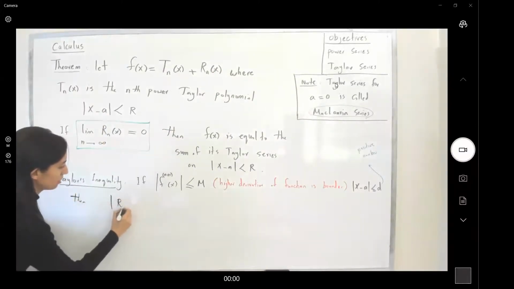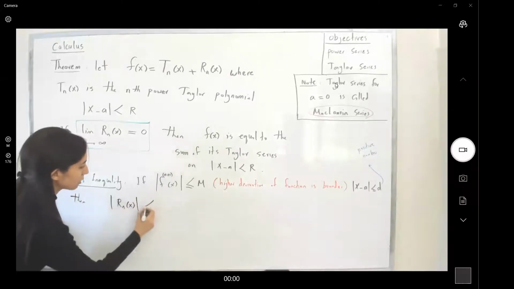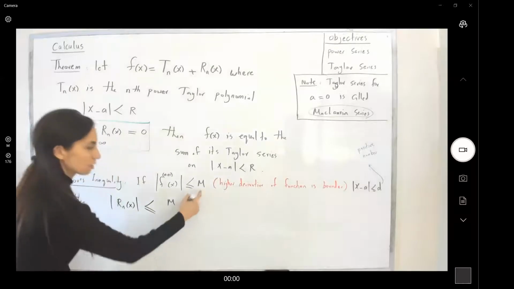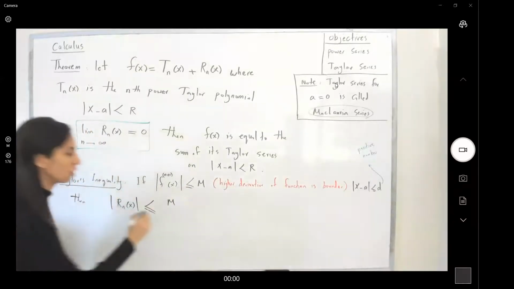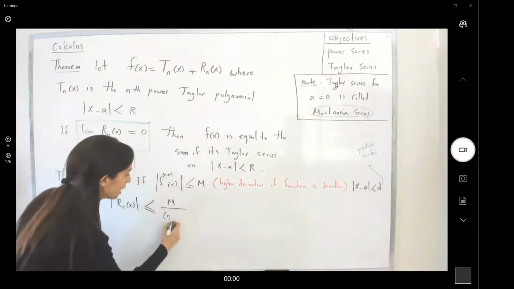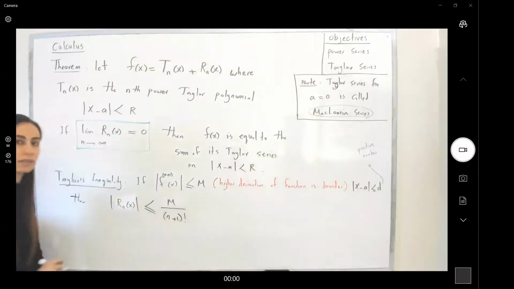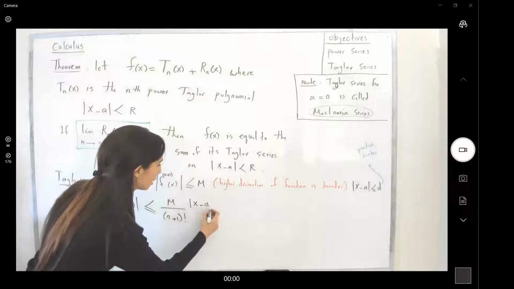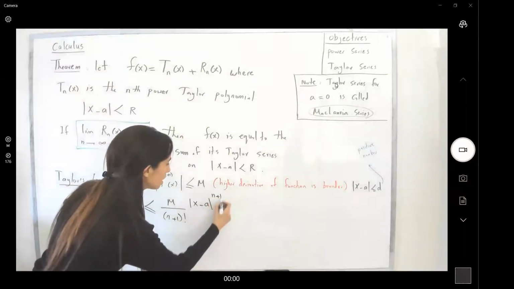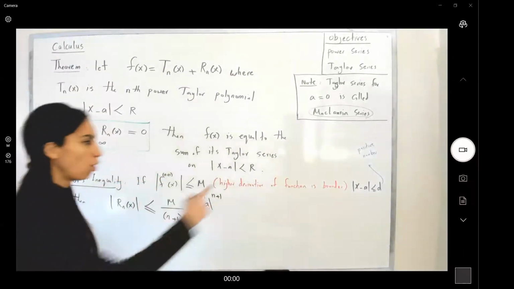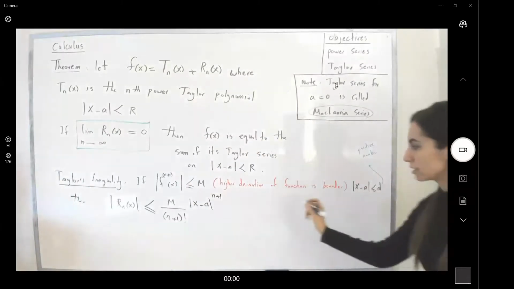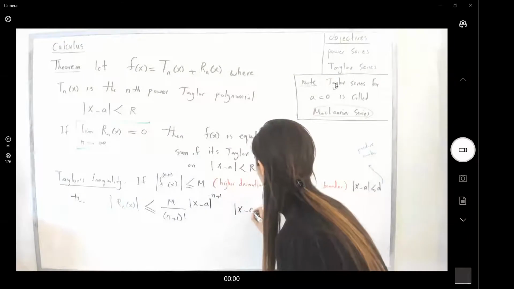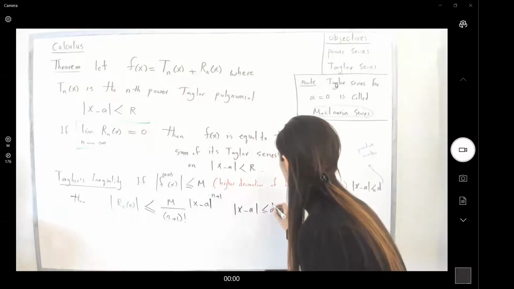Then the absolute value of our remainder is less than or equal to M, this boundary, this constant, divided by n plus 1 factorial times the absolute value of x minus a to the power n plus 1, over this interval, absolute value of x minus a less than or equal to d.